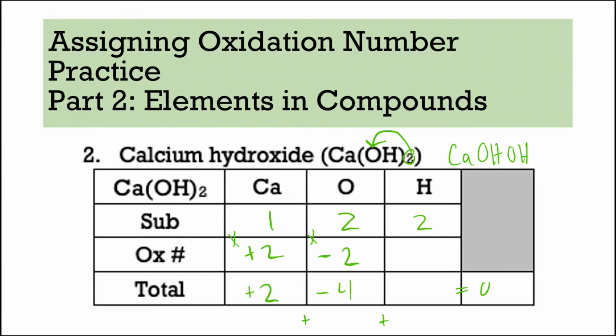The only thing that can make this equation possible is a positive 2. So that means hydrogen needs to bring a total of a positive 2 charge. Now, we have two hydrogens to bring that positive 2 charge. That means each hydrogen has to have a plus 1 charge. And that is everything you need.